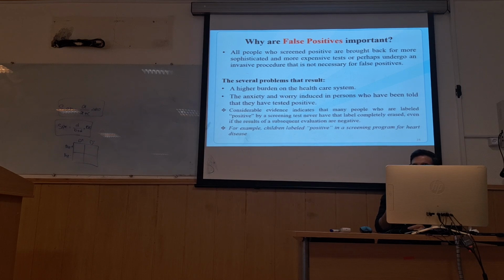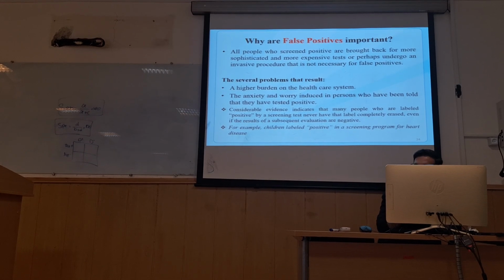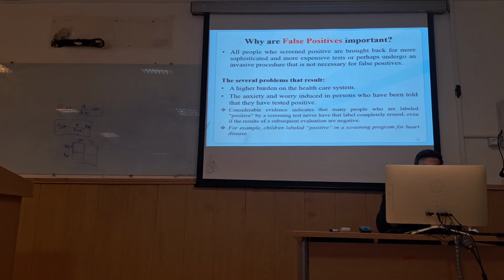So in diseases like HIV, specificity should be high, because when specificity is high, false positives are low. So in this situation, you try to increase the specificity.